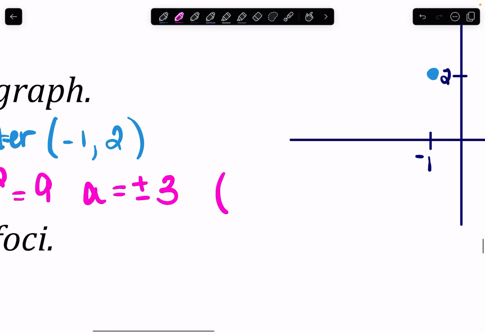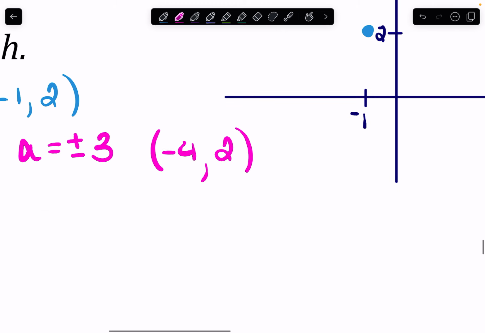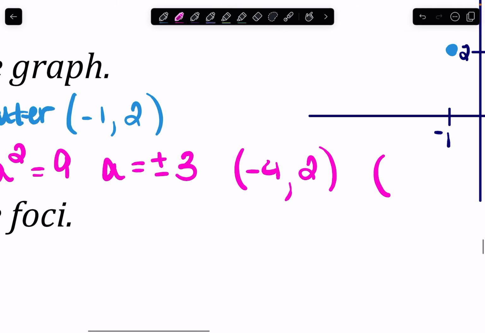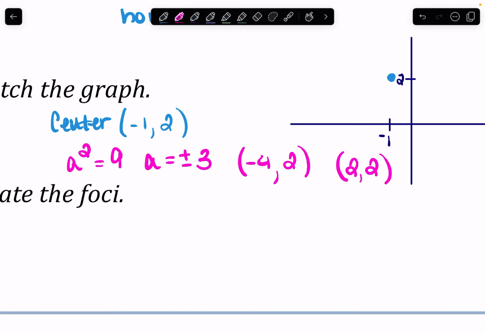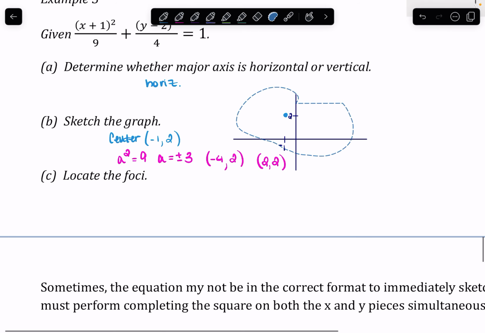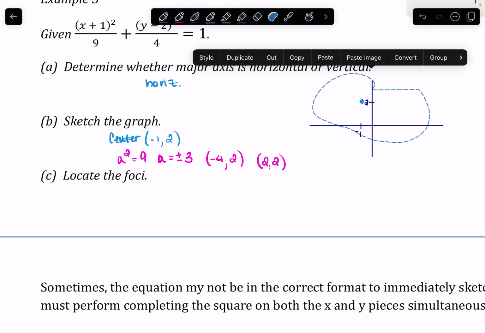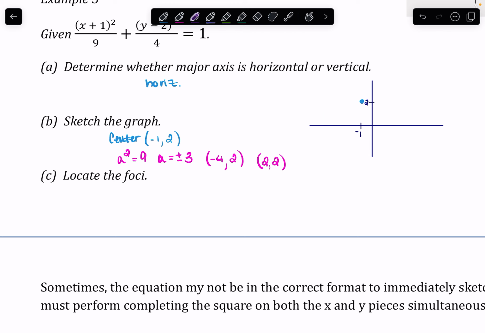So those points become -1 minus 3, -4. Do not touch the y value so it stays horizontally aligned. And we do -1 plus 3, which would be 2, comma 2. I'll move my graph more to the right. There we go. All right, I guess we could go ahead and mark those points first.